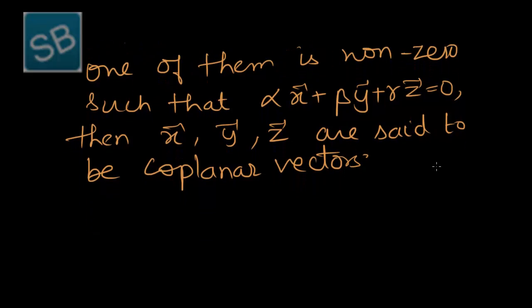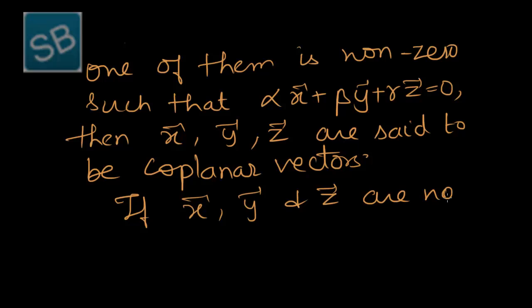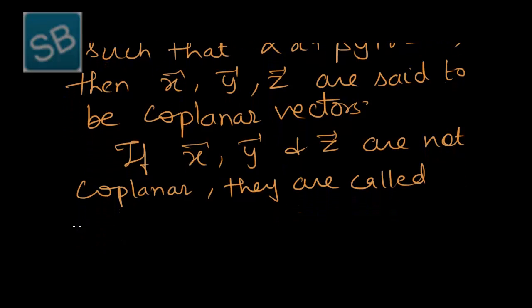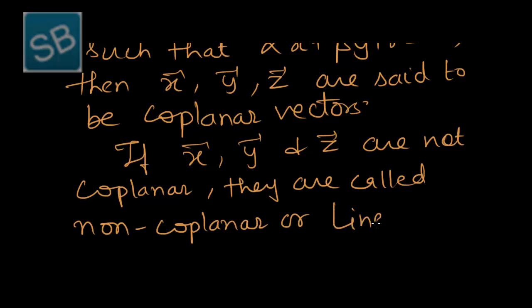Now if vector x, vector y and vector z are not coplanar, they are called non-coplanar vectors or linearly independent vectors.